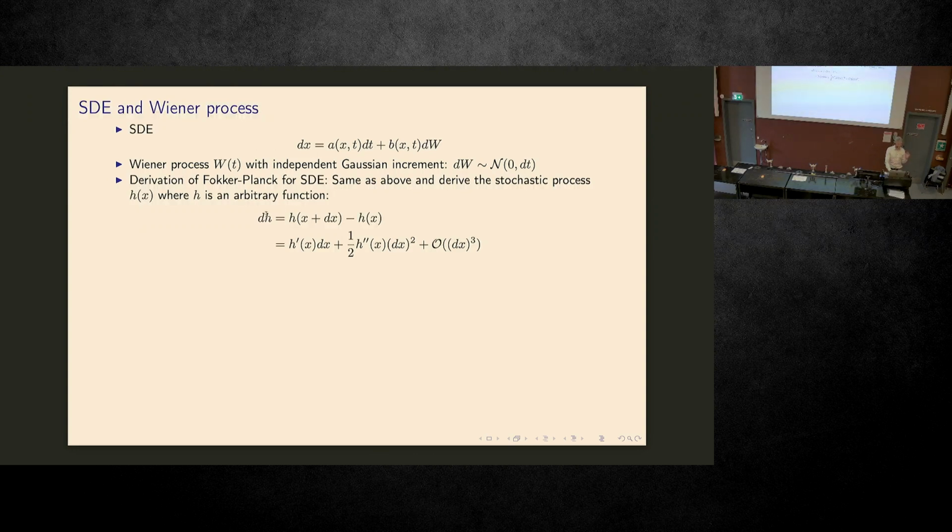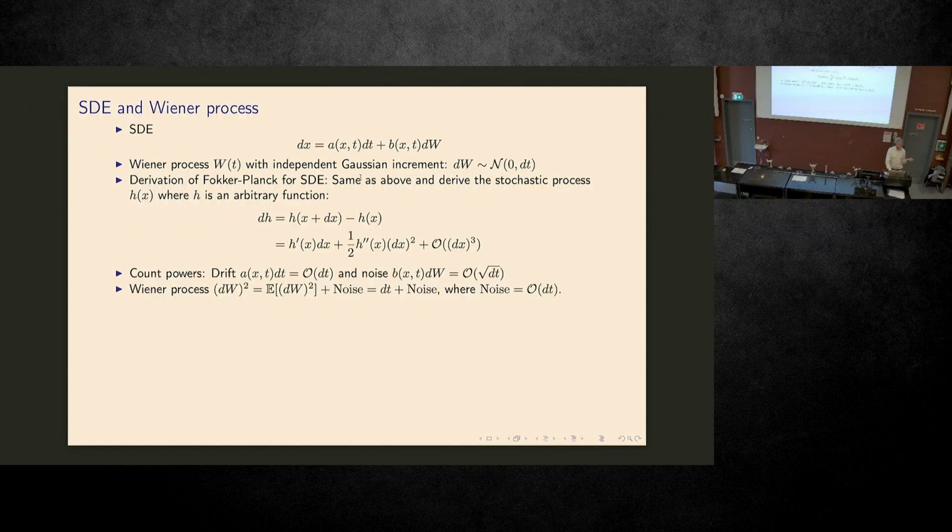So delta h is what we get when we change x by a little bit and look at this difference. Then we can do a Taylor expansion. Here I've shown a Taylor expansion up to delta x to the third power, and delta x is given by the SDE. So what is special about this?